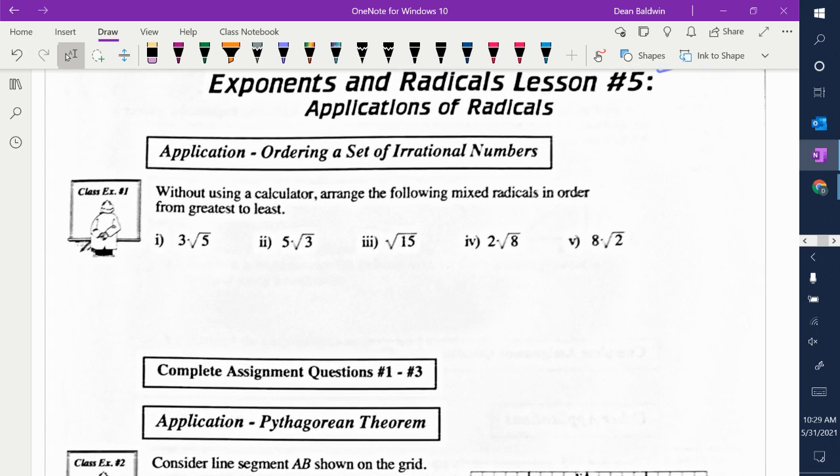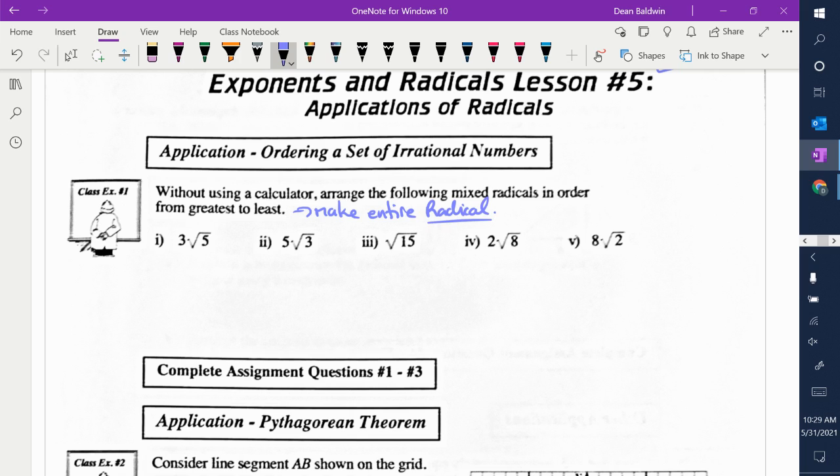We want to go from largest to smallest, greatest to least. So to do this, make everything an entire radical. Put everything under the square root sign, and then you just look at the number that's the biggest.